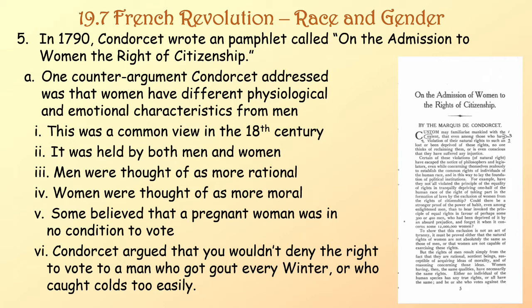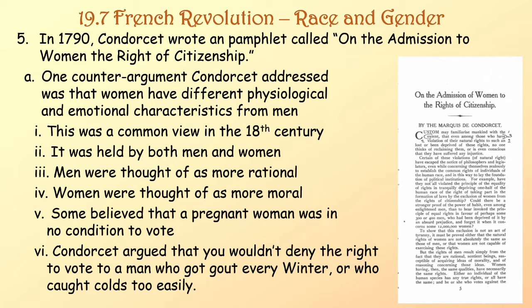And one counter-argument that Condorcet addressed was the notion that women have different physiological and emotional characteristics from men. This was a common view in the 18th century, and it was held by both men and women. Men were thought of as more rational, women were thought of as more moral. And some believed that a pregnant woman was in no condition to vote.